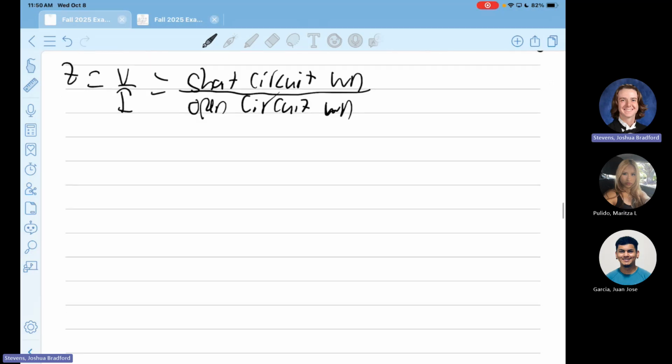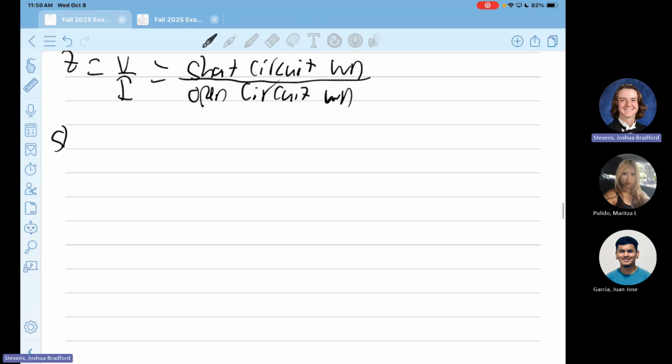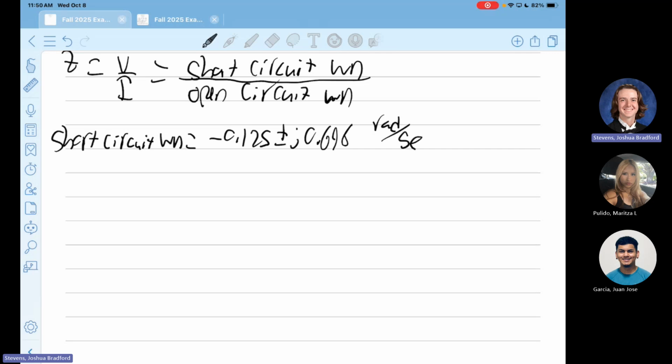So, like I said, I'm going to write down the short circuit and open circuit natural frequencies. The short circuit is negative 0.125 plus or minus j0.696, all in radians per second.